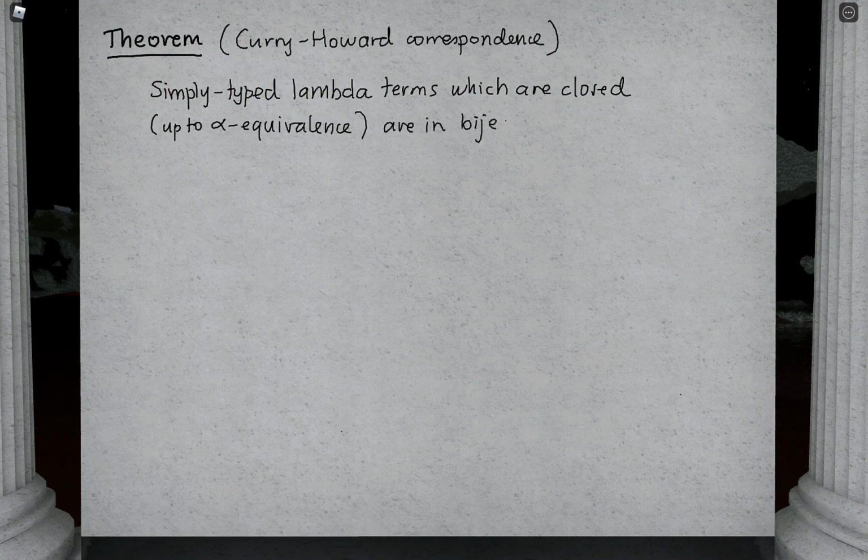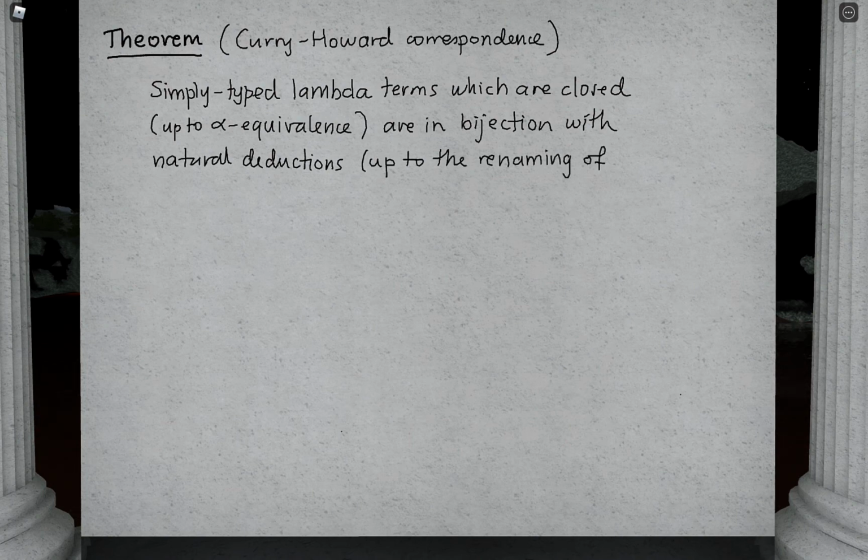Are in bijection with natural deductions, up to the renaming of names, and just to remind you, that's like x for 1 and f for 2, introduced above.